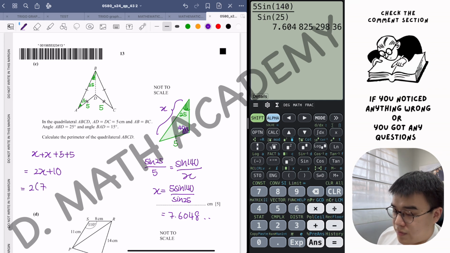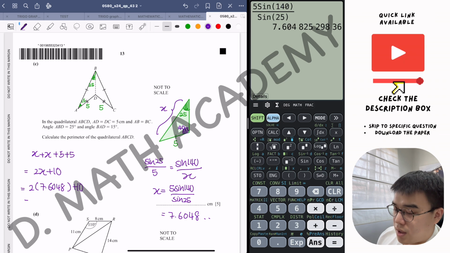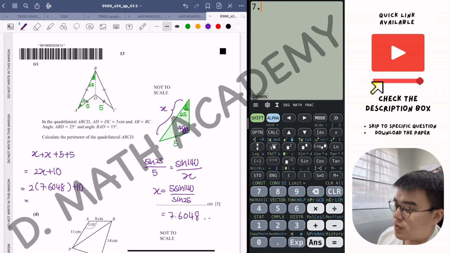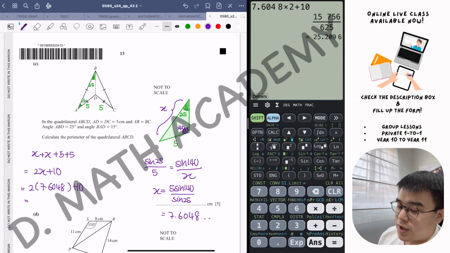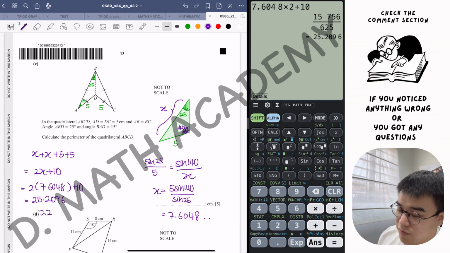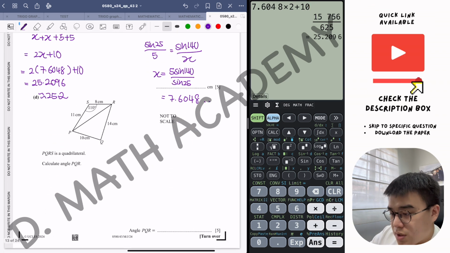So 2 times 7.6048 plus 10. Okay, I will actually use these 4 decimals here, and I only do the rounding at the very end, making the answer 25.2. Okay, so this right here is my answer for this question.